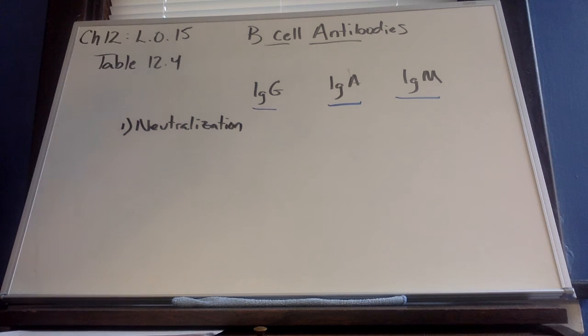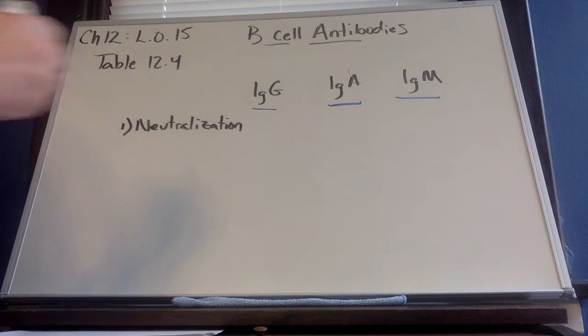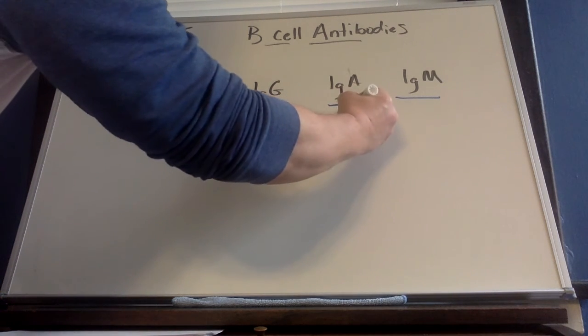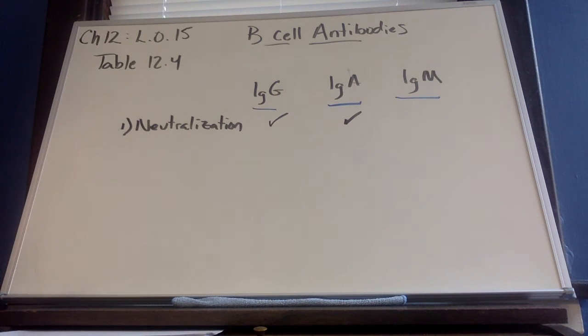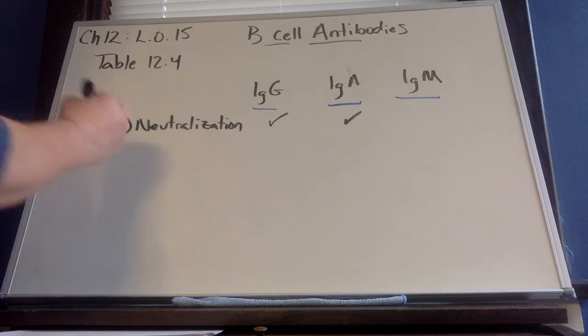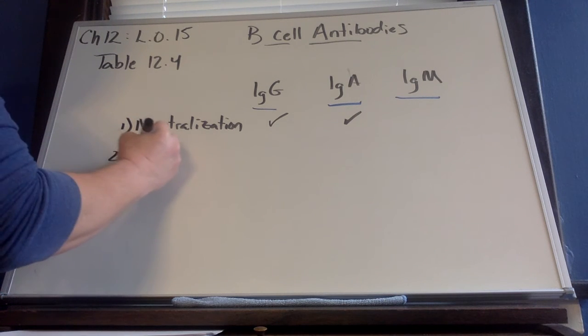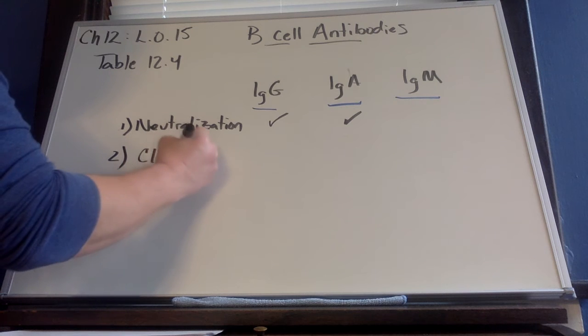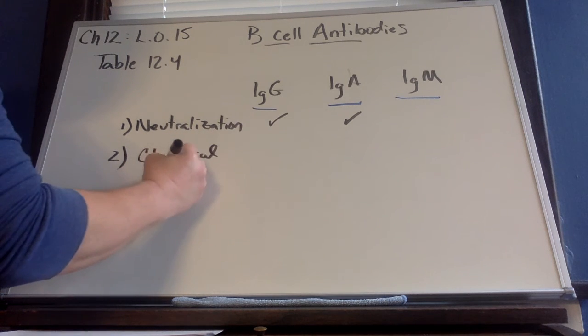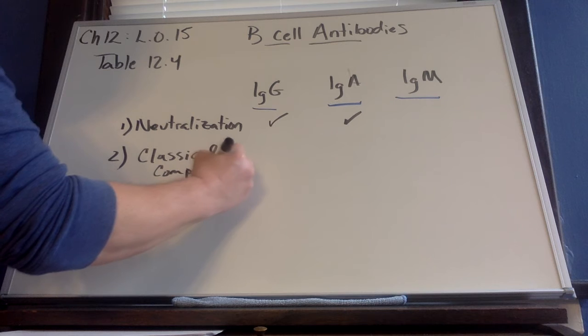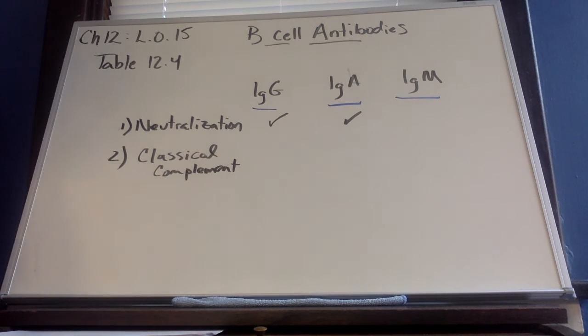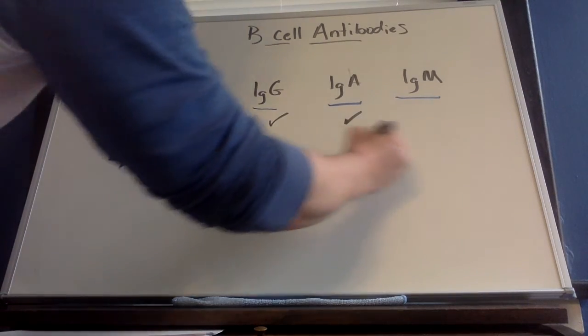The ones that are very good at neutralizing are the G and the A. M does a decent job, but it's not one of its main things it does to eliminate. Those that are going to start the complement activation, that will start the classical complement protein cascade, the ones that do that best are the G and the M.